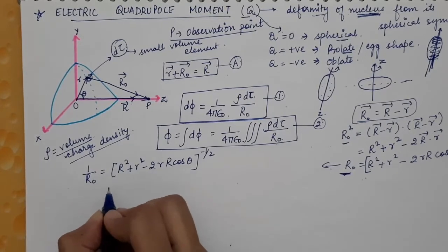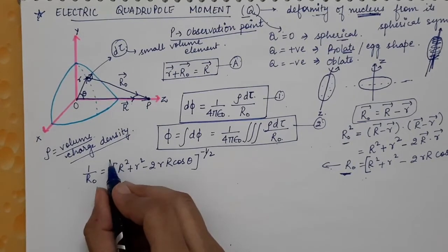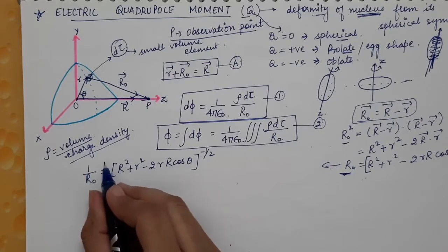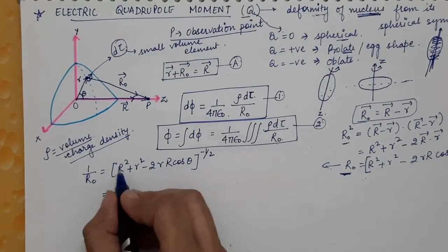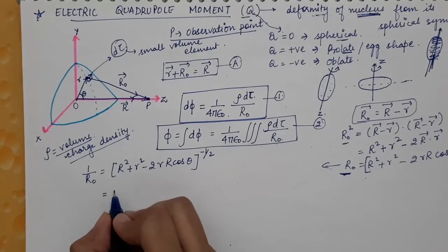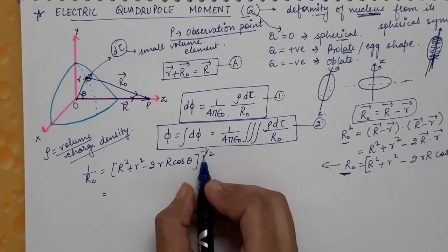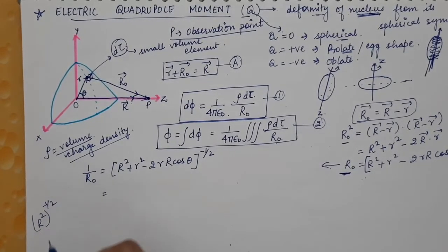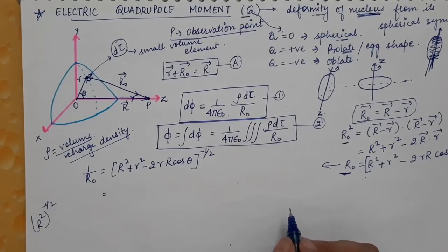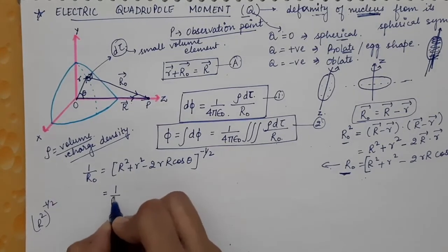Since we are taking r square outside, here we have minus 1 by 2. So outside the bracket, r square power minus 1 by 2 will become r power minus 1, that is 1 by capital R.